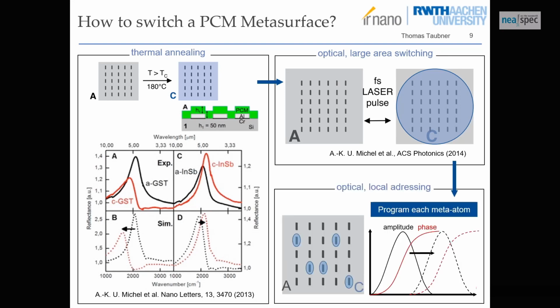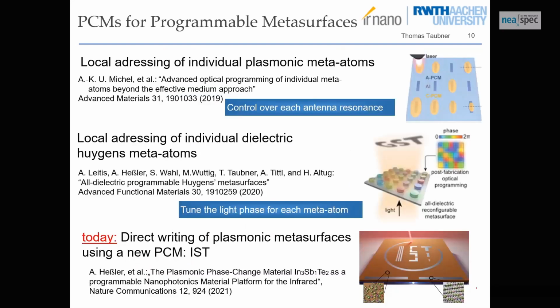But what we are currently doing is trying to optically address these antennas individually. This means we program each meta-atom in the metasurface, which allows us to fully, or almost fully, control the amplitude and the phase of the light. This concept was applied to several types of metasurfaces.